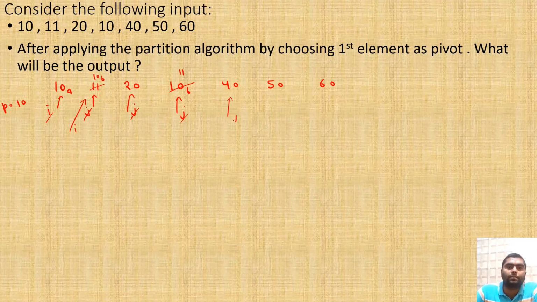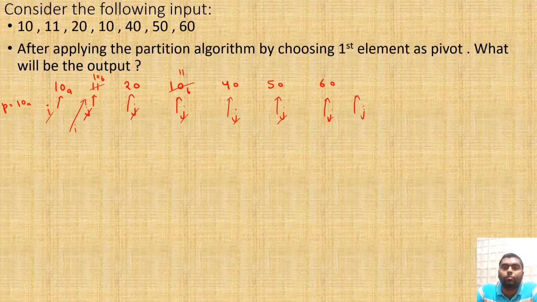This a of j, 40, is not less than the pivot element 10, which is 10a basically. Again this j, 50 is not less than 10a, so move one more time. 60 is not less than 10a, so again just move. After moving this, you are out of the loop.